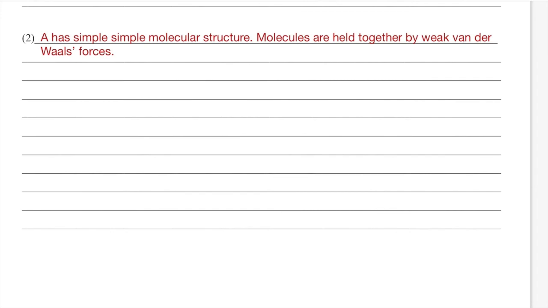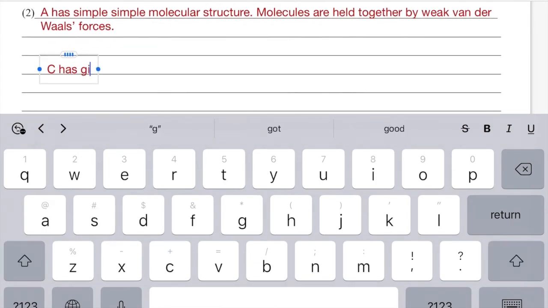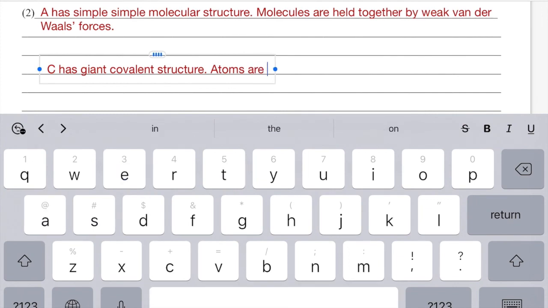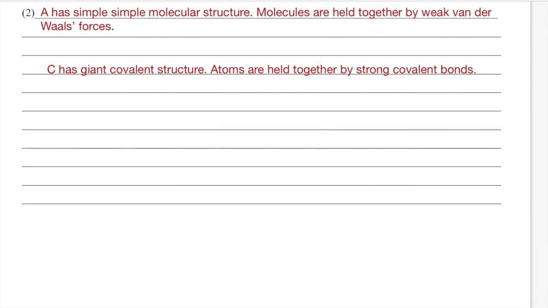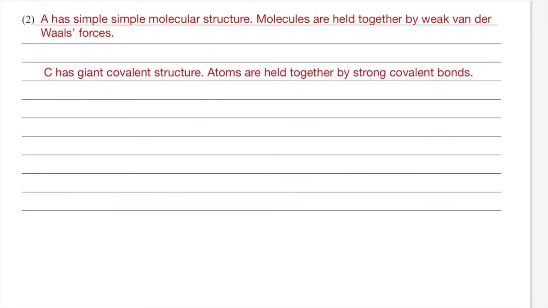Right, and then we need to do the same for C. Okay, so C has giant covalent structure. Atoms are held together by strong covalent bonds. So again, we name the structure and then we describe the bonding.